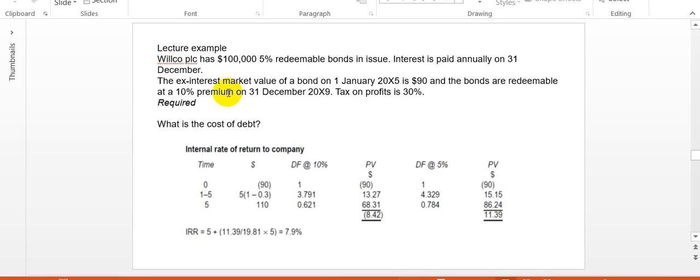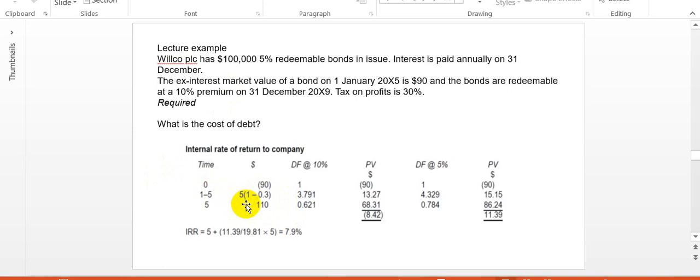Pay attention to the redemption value of the bond. If the question says the bond is redeemable at a premium, it will be 100 plus whatever premium is given in the question. In this case, the premium is 10%, so the redemption value will be 110%, $110 in the last year, as you can see there.